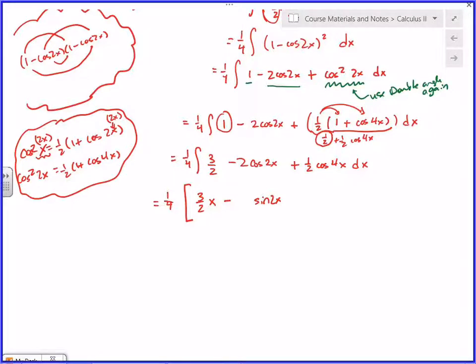So you have the integral of negative cosine of u du, which gives me negative sine of u, which is negative sine of 2x. The integral of negative cosine is negative sine, and you just substitute back in.